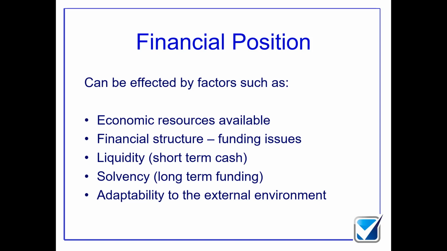It also tells me about short-term liquidity, such as how much cash have we got there? So I'm looking at short-term assets, such as cash and amounts of cash that people owe me. I'm also then looking at longer-term issues, such as longer-term funding. How is the business being funded in the longer term?